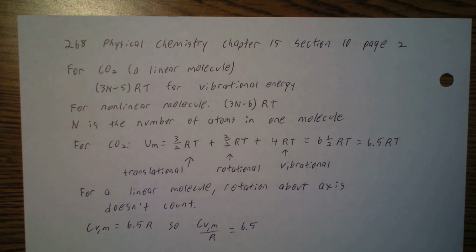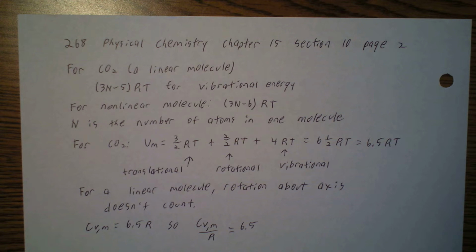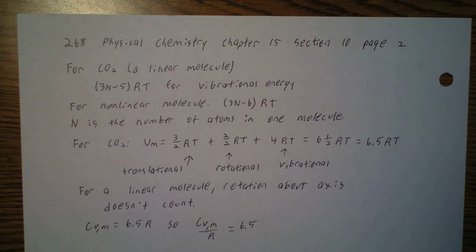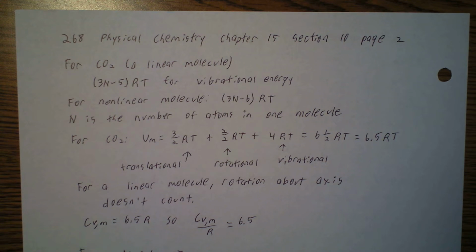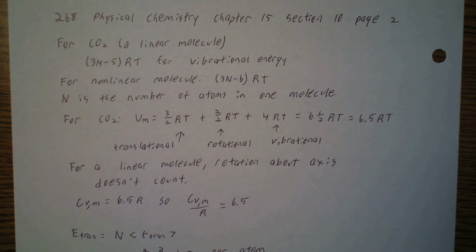So for carbon dioxide, a linear molecule, we actually have the formula 3n minus 5 times RT, and that's just for the vibrational energy. Now if we have a nonlinear molecule, then we have 3n minus 6 times RT. So n is the number of atoms in one molecule.